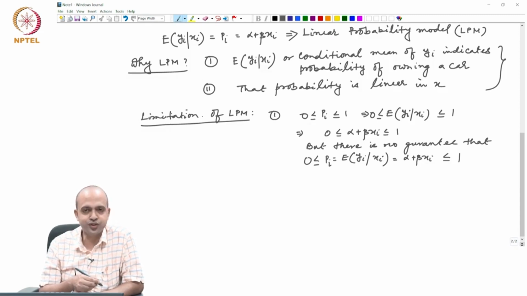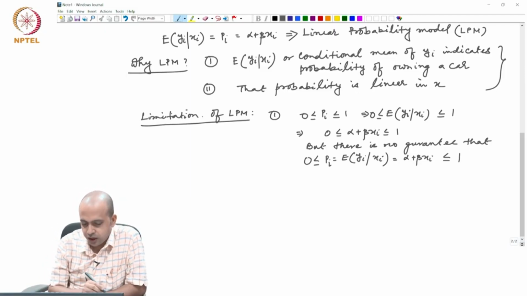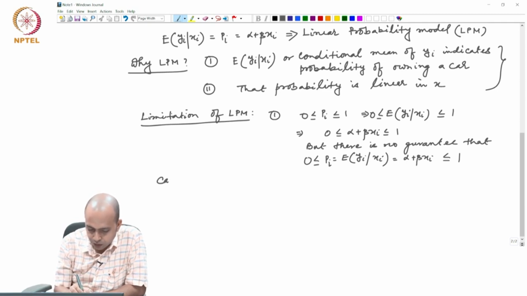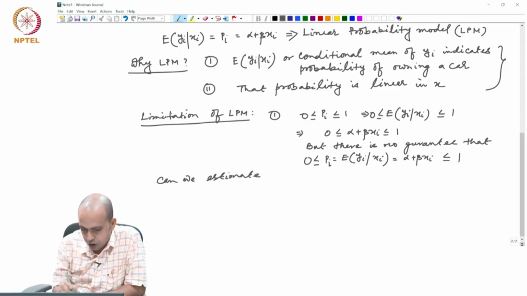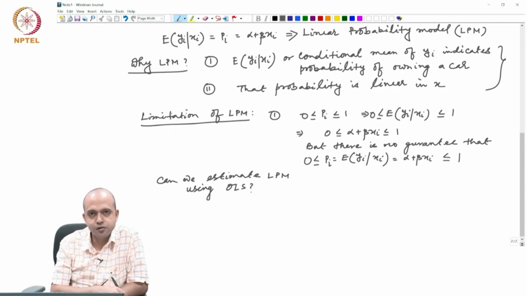What will happen if we estimate the model using OLS, right? Okay. So, can we estimate LPM using OLS? That is also we need to think about. Okay.